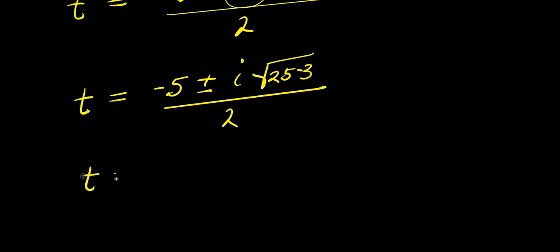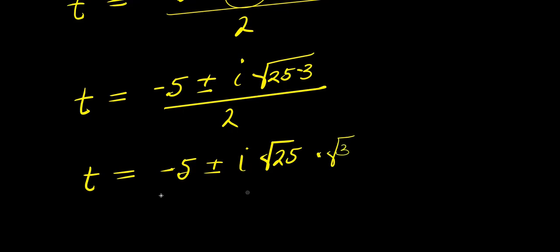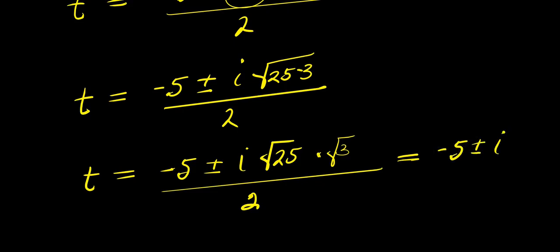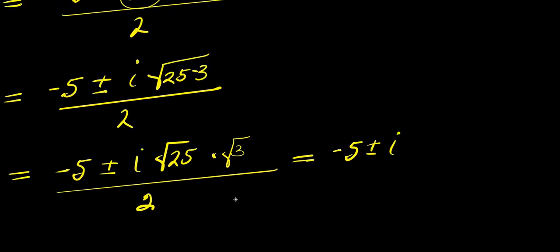So we have t equals negative 5 plus or minus i times square root of 25 times square root of 3, divided by 2. So from here we have negative 5 plus or minus i times square root of 25, that is 5, times root 3, divided by 2.